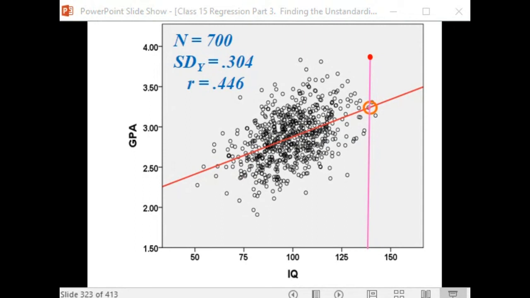If the student has an IQ of 140, what's the predicted GPA? Okay. The student's predicted GPA is 3.20, about. And what is this student's actual GPA?